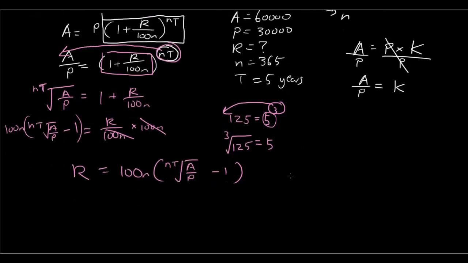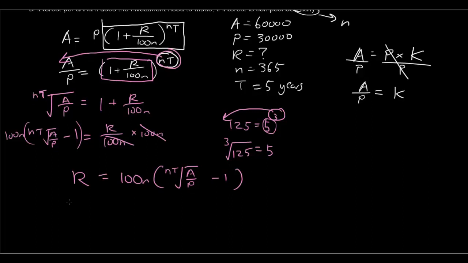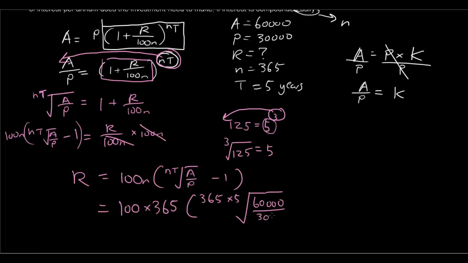So you must be thinking, how do we type all this into the calculator? Okay, so we have the rate, we don't know. Principal, the N is 365, so 100 times 365 bracket 365 times 5 root, 60,000 over P is 30,000 minus 1.